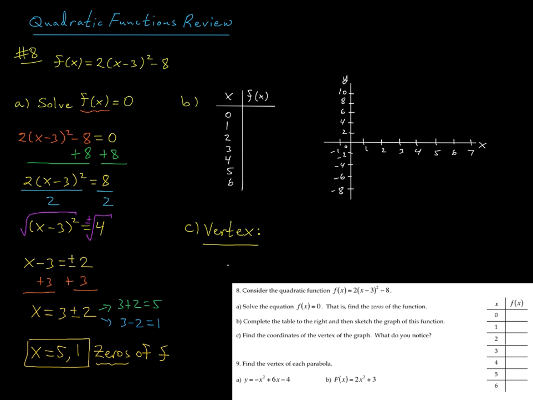All right, now for part B, it says complete the table to the right and then sketch the graph of the function. Let's do the first one here. If x is equal to 0, I'm just going to plug 0 in for x. This gives us 2 times the quantity 0 minus 3 squared, and then we subtract 8 from that. 0 minus 3 is negative 3, and squaring that gives a positive 9, which multiplies the 2 to give 18.